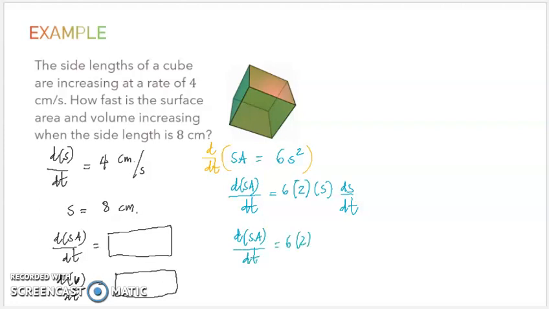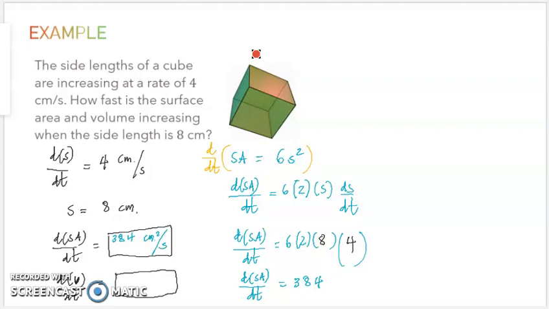That's 6 times 2, s is given, and also ds/dt. So s is 8 centimeters, ds/dt is 4 centimeters per second. We just multiply them and we get the derivative of the surface area with respect to time as 384. So that's centimeters squared per second.